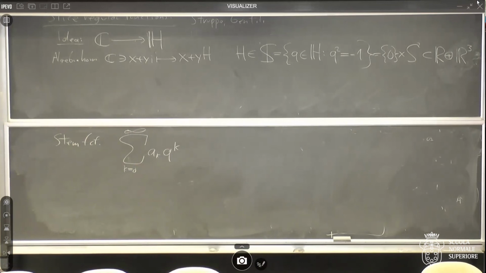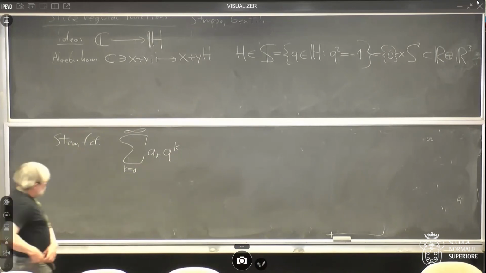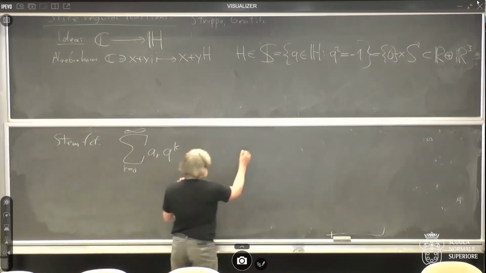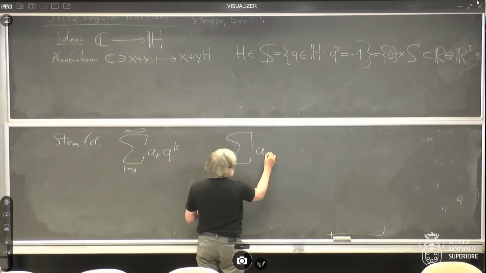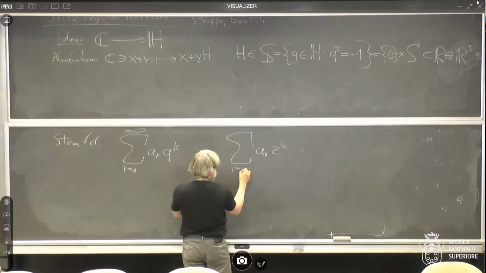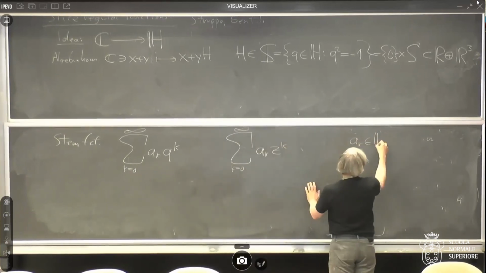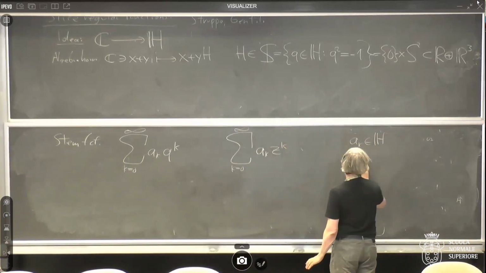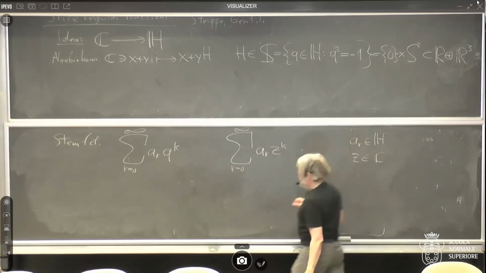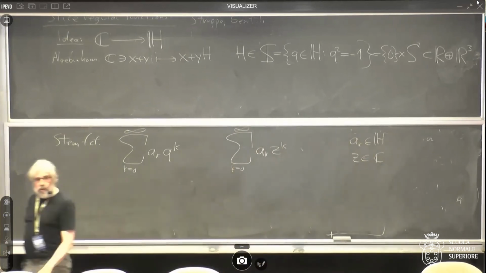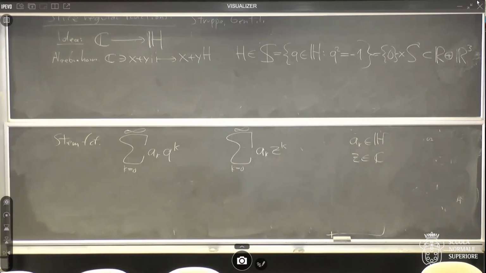So it would be nice to consider the same function, but where the variable is no longer quaternionic, but instead just a complex number. So what happens if you throw in a complex number in the place where we have the variable?